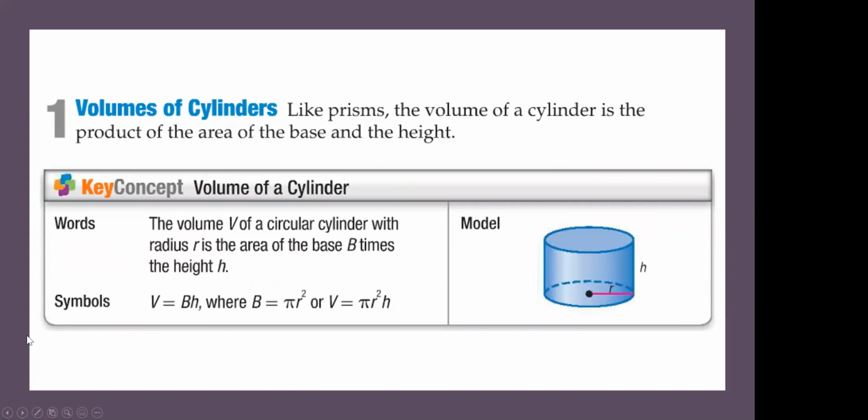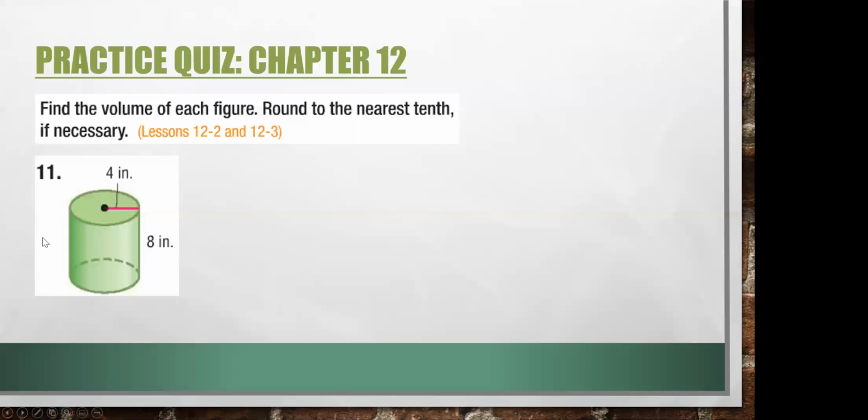So volume of a cylinder would be equal to the area of the base, so the area of a circle, which is pi r squared, and then you would multiply that by the height, okay? And so that would be pi r squared times the height, okay? All right, so here we have a cylinder.